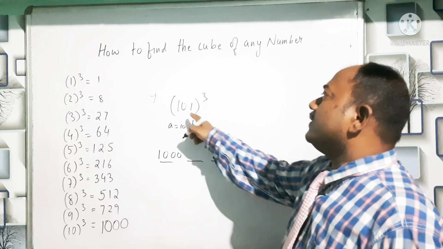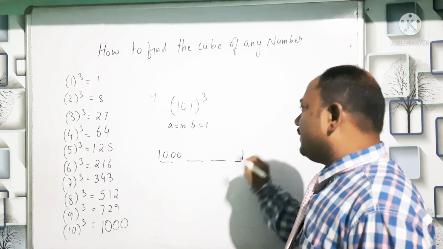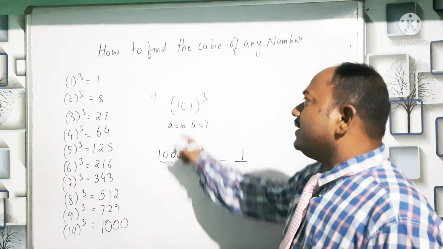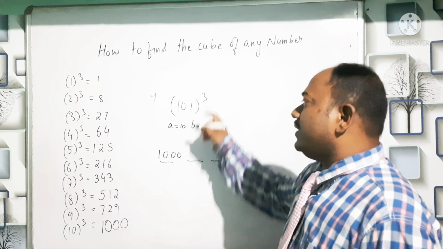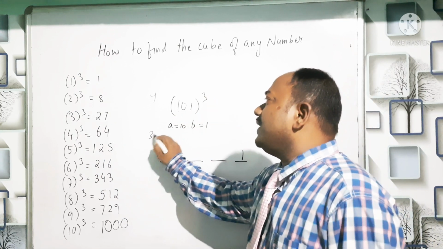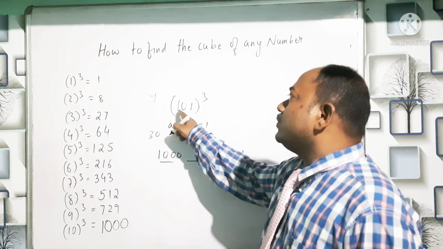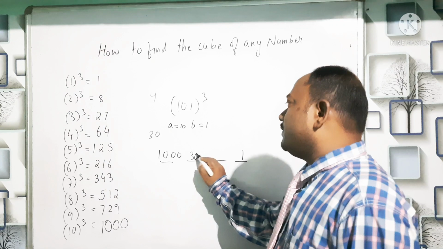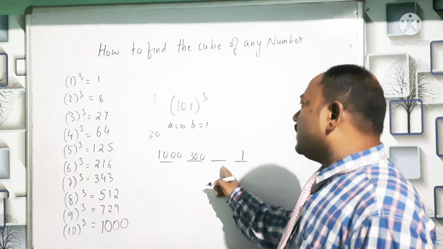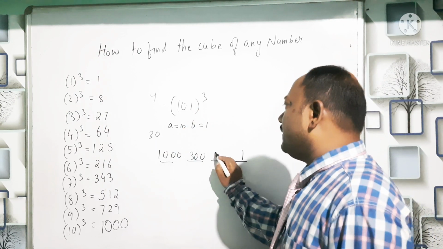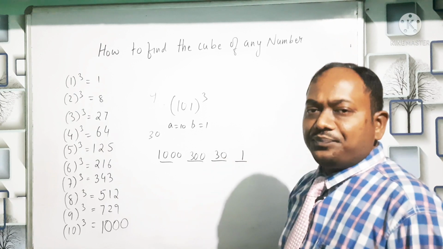For the fourth place, 1 cube is 1. Now multiply 10 into 1 into 3, that is 30. For the second place, 30 into 10, that is 300. For the third place, 30 into 1, 30.